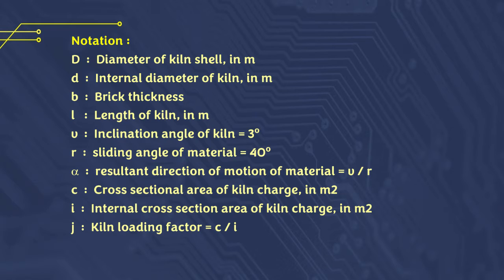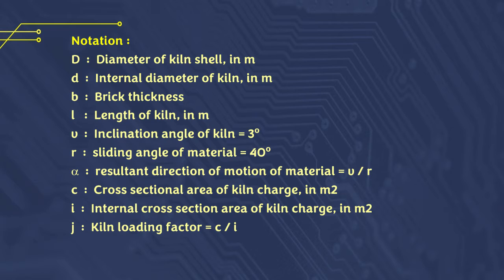B is brick thickness, in millimeter. Small l is length of kiln, in meter. V is inclination angle of kiln equals 3 degrees. R is sliding angle of material equals 40 degrees. Alpha is resultant direction of motion of material equals V divided by R.